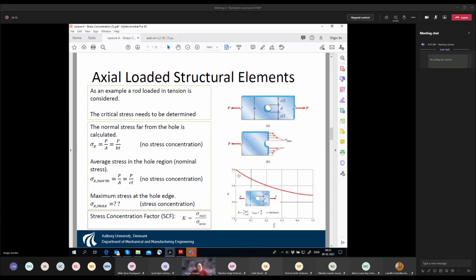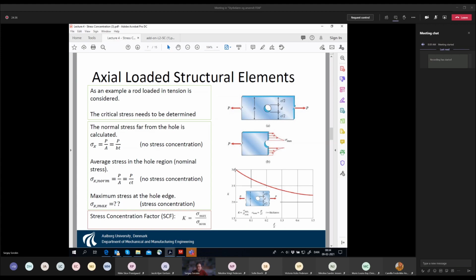And if you have an infinitely small, invisible, let's say, hole, then your maximum stress appears to be 3 times larger than the nominal stress. So you have this factor 3. And then of course, at least some of you will ask the question, so how do we know this thing?